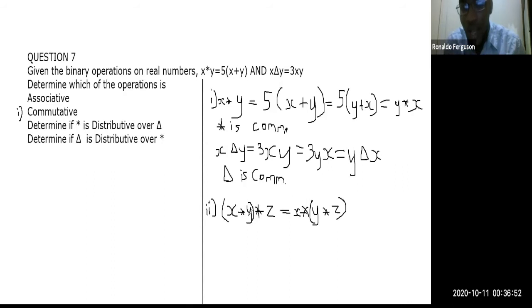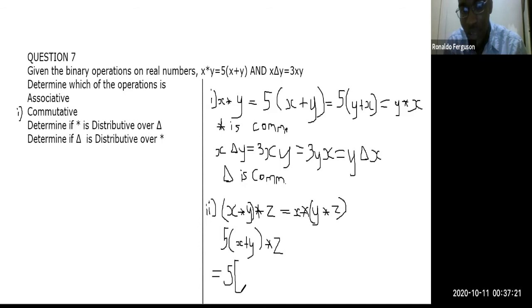x star y is going to be 5 times x plus y. And then we take the star of z. So what we need to look at is 5 times x plus y, star z. The result is going to be 5 times the first number plus the second number.